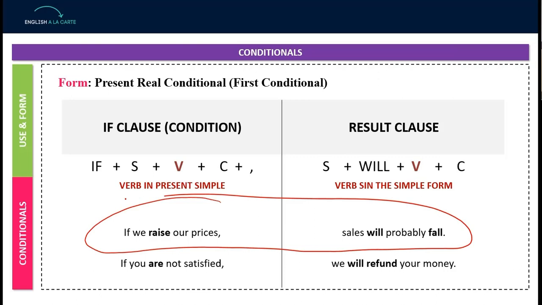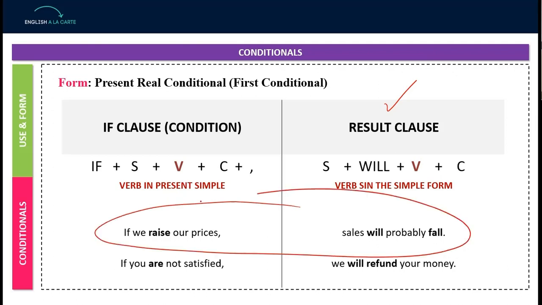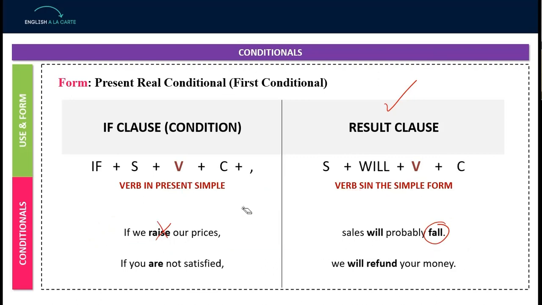Maybe the result. The result sentence is the principal sentence, which means that in this idea only one verb is the most important verb. Fall is the verb. Raise is not the main verb in this example. Why?